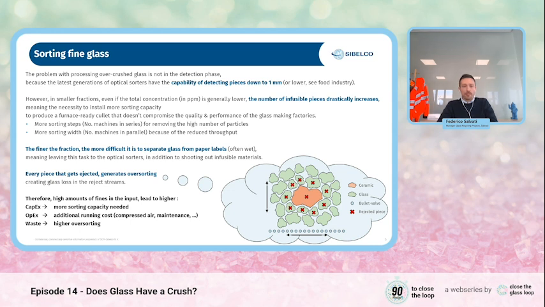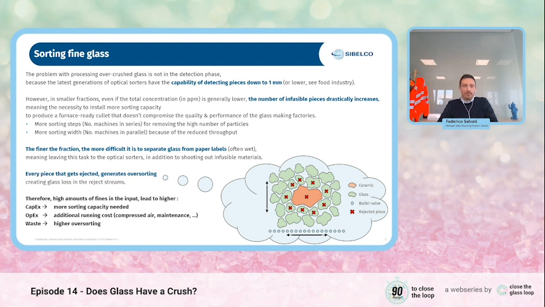What really matters is the efficiency of sorting and the performance and the throughput that we can put in a given optical sorter. We see that the number of infusible particles is very high in the fines.